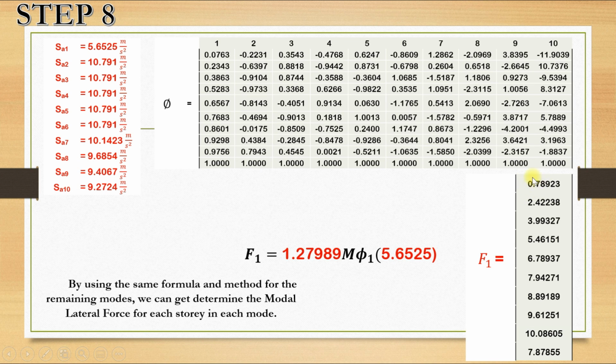So dito sa floor 1, meron tayong lateral force for mode 1, 0.78923. Dito naman sa lateral force for mode 1 sa second floor, 2.42238 hanggang sa 10 na 7.87855.